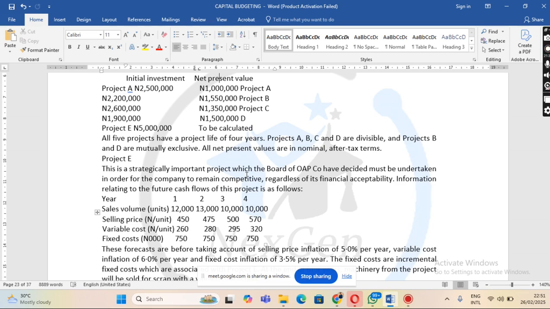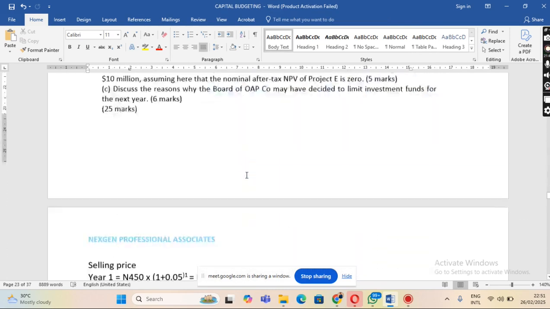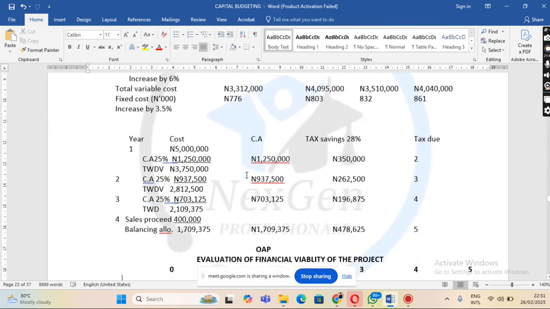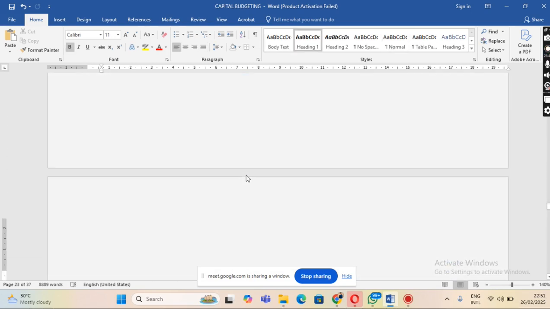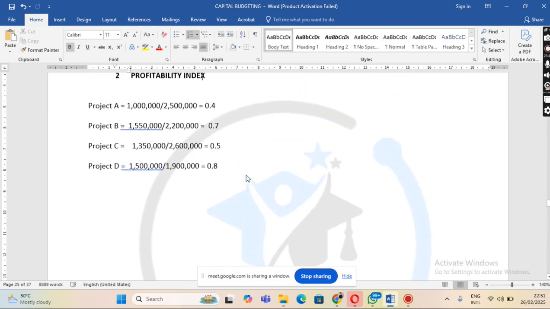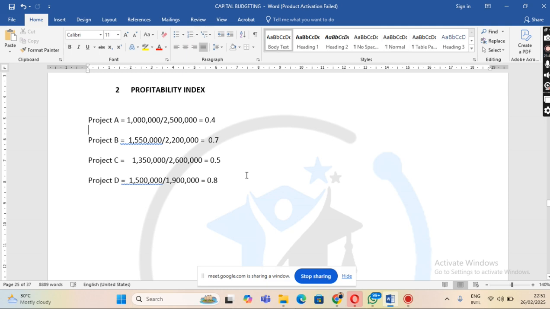Mutually exclusive means that we can execute any one of the two, B or D. You can see that there is no restriction that we must execute this project. They are just telling us that this is divisible, while the other is mutually exclusive.